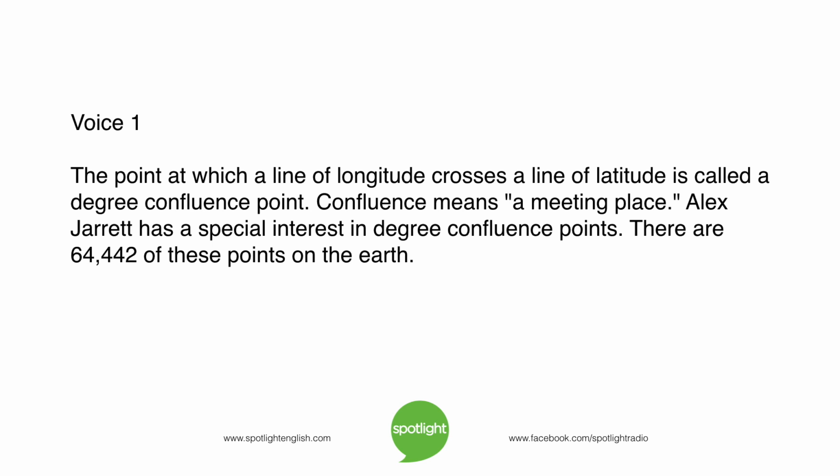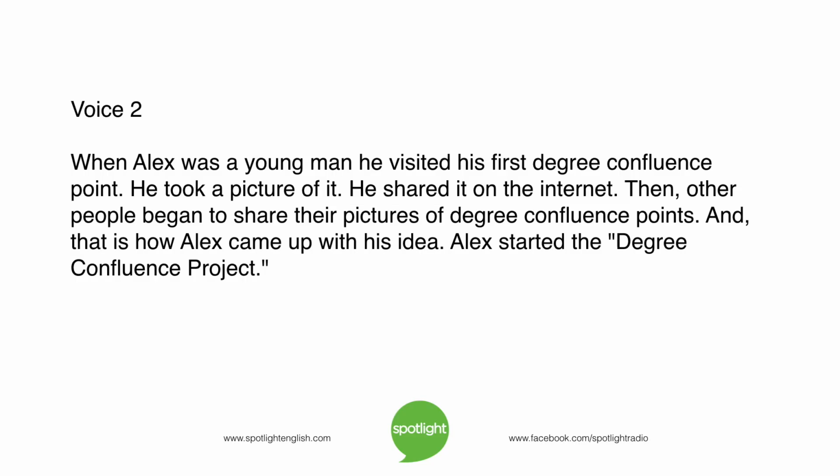Alex Jarrett has a special interest in degree confluence points. There are 64,442 of these points on the Earth. When Alex was a young man, he visited his first degree confluence point.